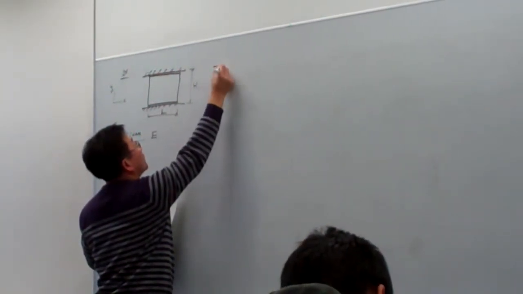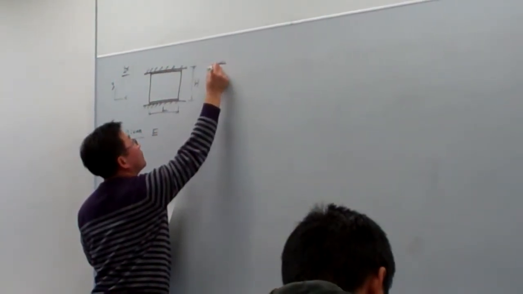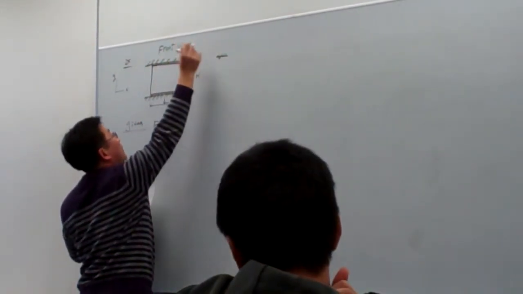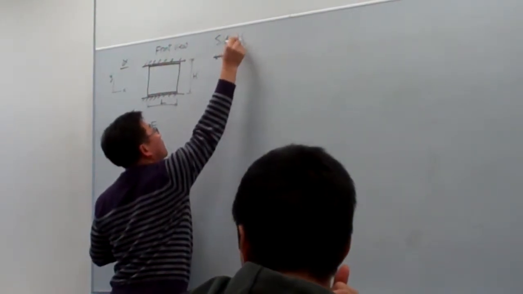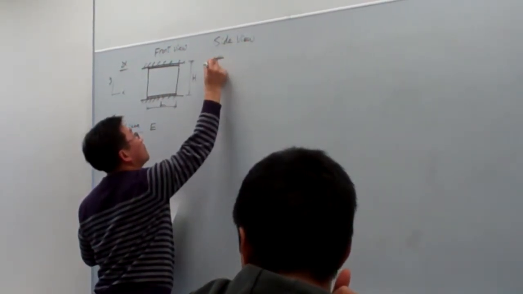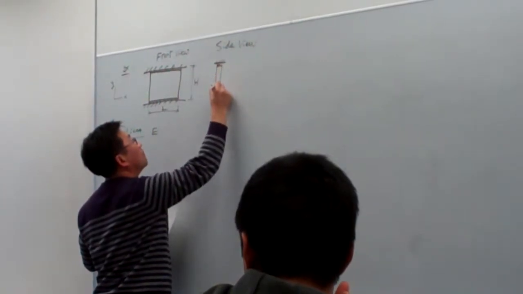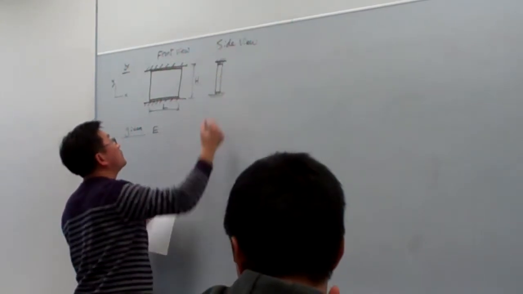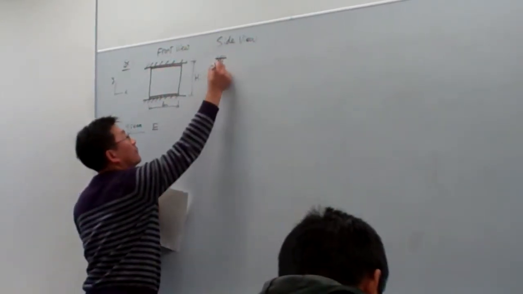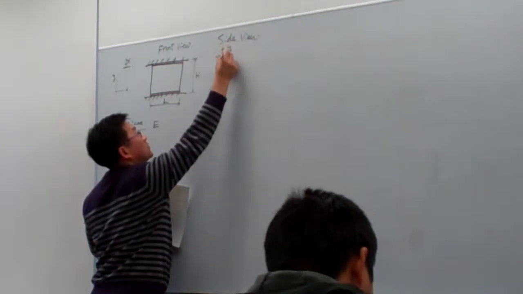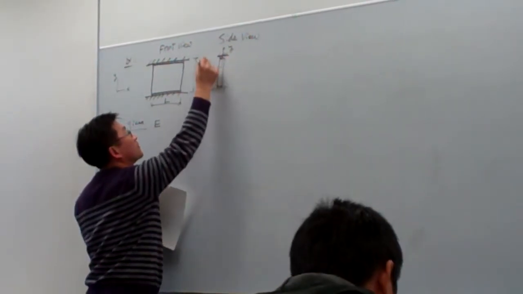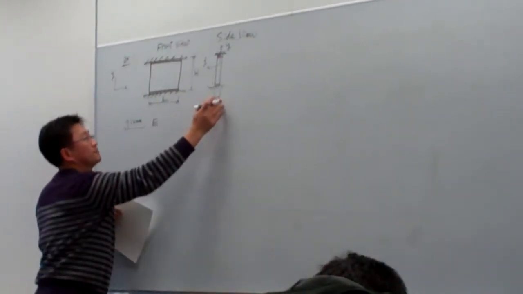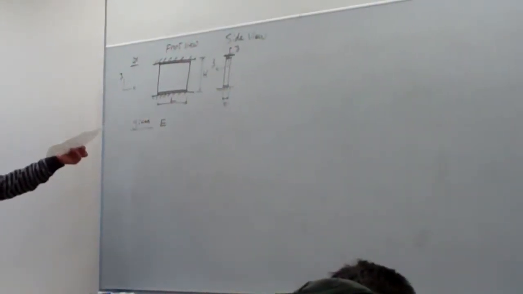So this is the front view. This is the side view. In the side view, this will be the y direction, this will be the z direction. And the dimension here, let me call the thickness T. So that is the setup of the material.